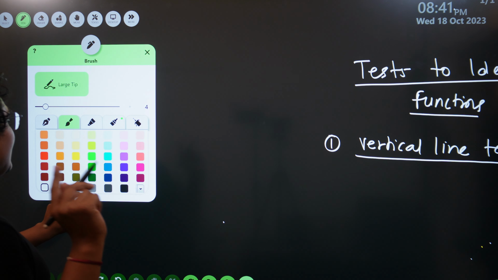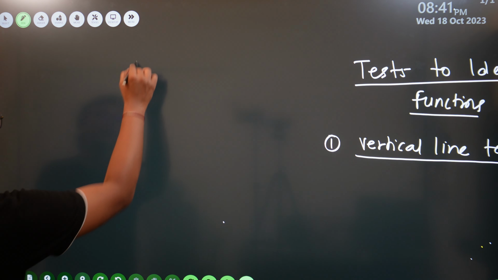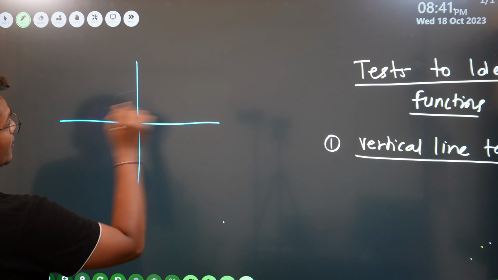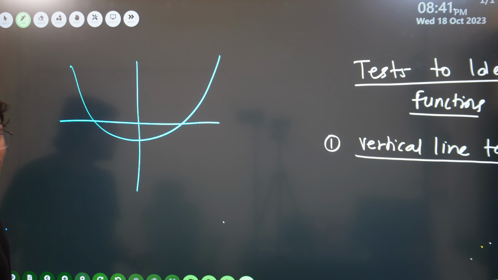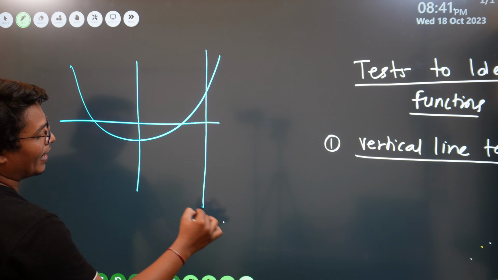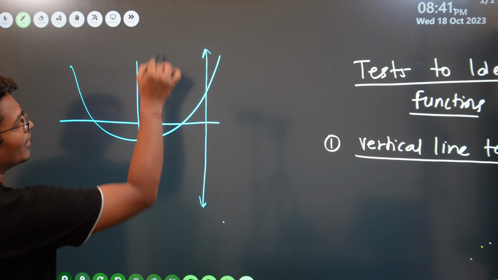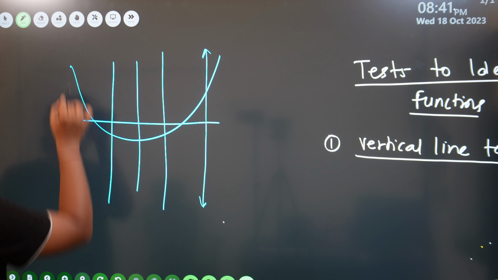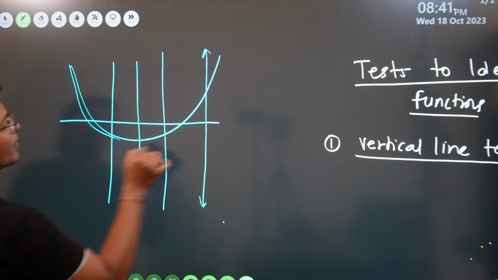For any equation to become a function, if I have drawn a graph like this and you draw a vertical line, that line should cut the given graph at a single point only. If there is a graph like this, now see this vertical line is cutting the graph at 2 points.